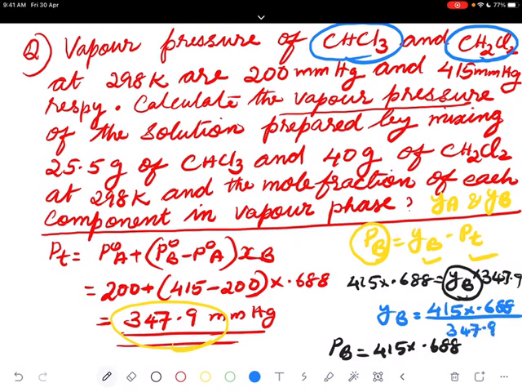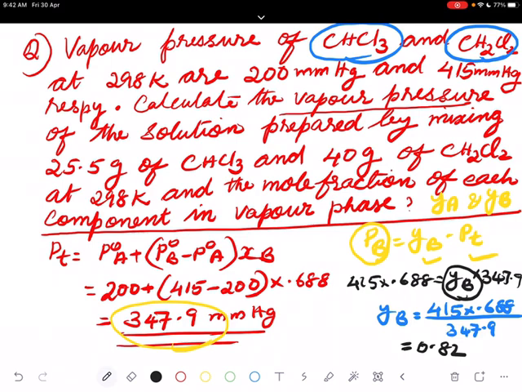You get a quantity less than 1, 0.82. Now what is Ya? 1 minus this will give you Ya.